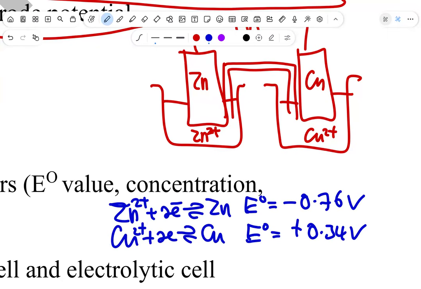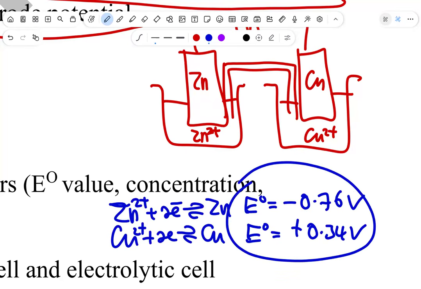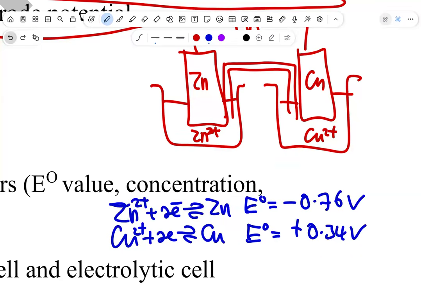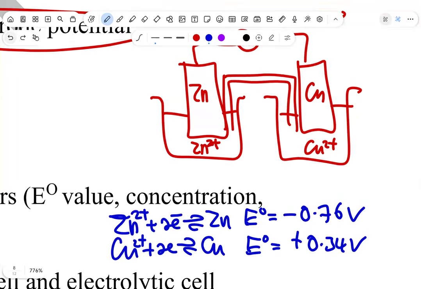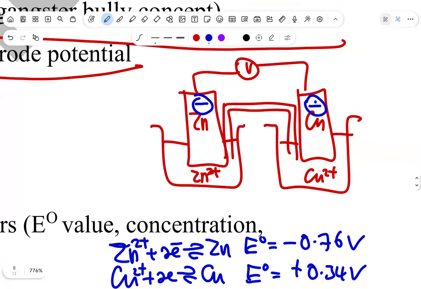When you want to do a voltaic cell question, first you need to decide the terminals. Which is the negative and which is the positive terminal? Very easy. Look at the E naught value. The more negative one is the negative terminal, the more positive one is the positive terminal. So this is more negative, so zinc is the negative terminal, copper is positive.